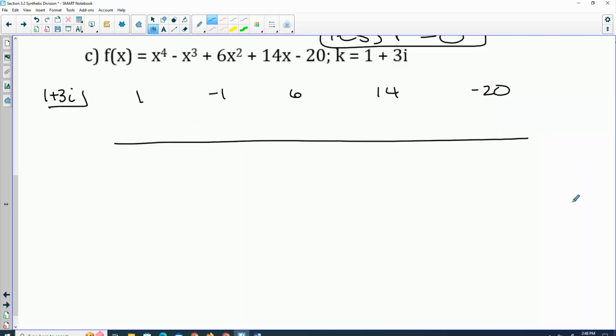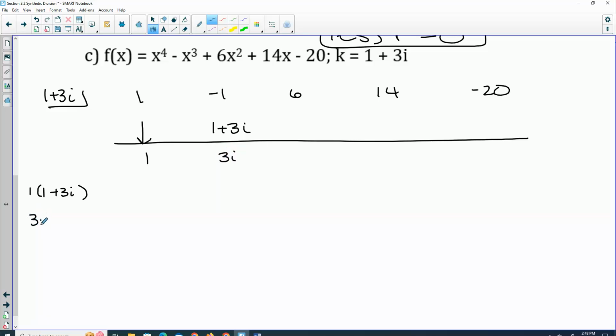Okay, what am I looking for ultimately? If it's a 0, we have to have a 0 for a remainder. Okay, so the 1 comes down. You multiply. What is 1 times 1 plus 3i? Okay, what is negative 1 plus the 1 plus 3i?